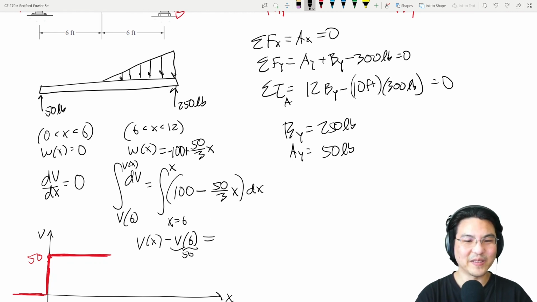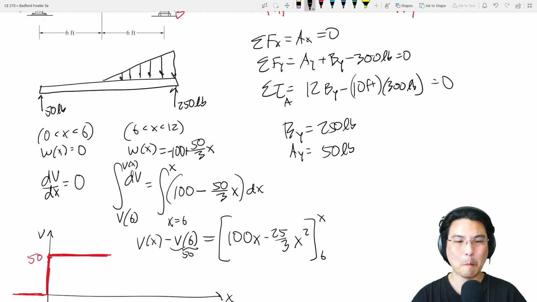Equals, and then let's integrate this, 100x minus 50 over 3 x squared over 2. So I'll just write this as 25 over 3. From 6 to some x.